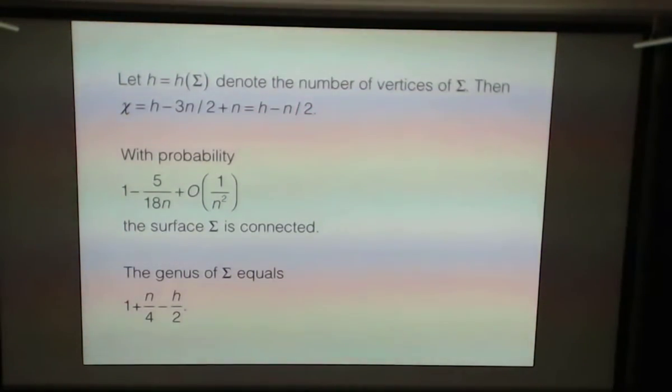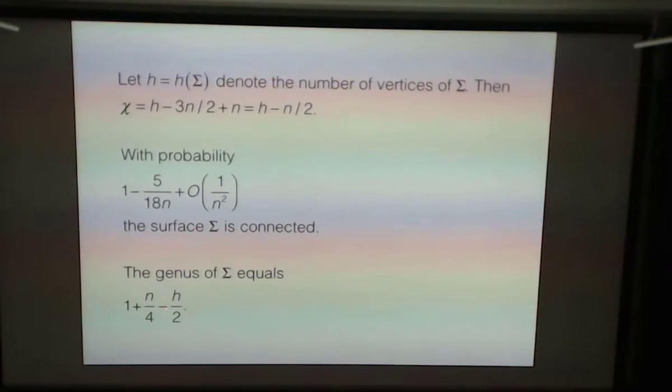And now, this is one of the results of Pippenger and Schleich. They showed that with probability tending to 1 for large n, the surface is connected. Of course it may be disconnected, but the probability that it happens goes to 0 for large n. And if it is connected, then we compute the genus out of this Euler characteristic.